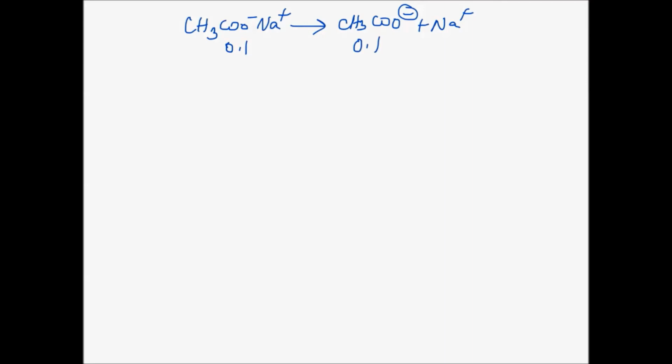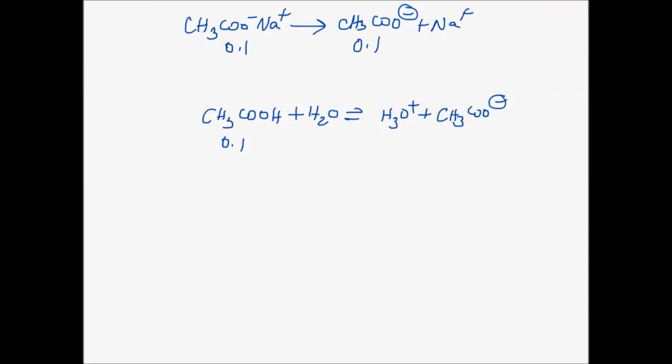So that's my main ionization: acetic acid plus H2O, giving you hydronium and acetate. Essentially, the acetic acid initial concentration is 0.1. And of course, we are going to use the remainder from what's going on in that solution.